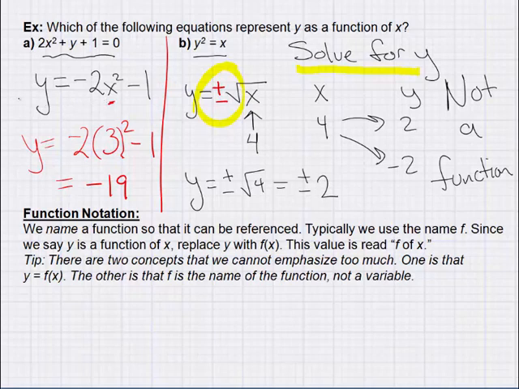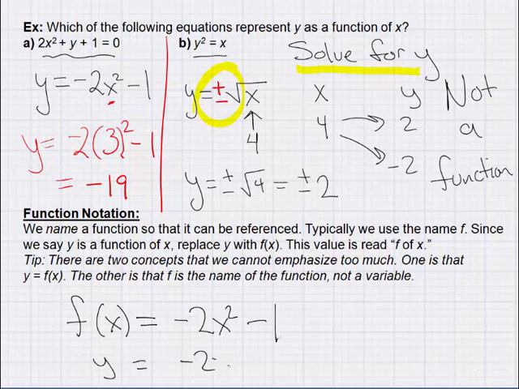What I can do is replace the y with what we call function notation, this f of x notation. We get f of x equals negative 2x squared minus 1, instead of y equals negative 2x squared minus 1.